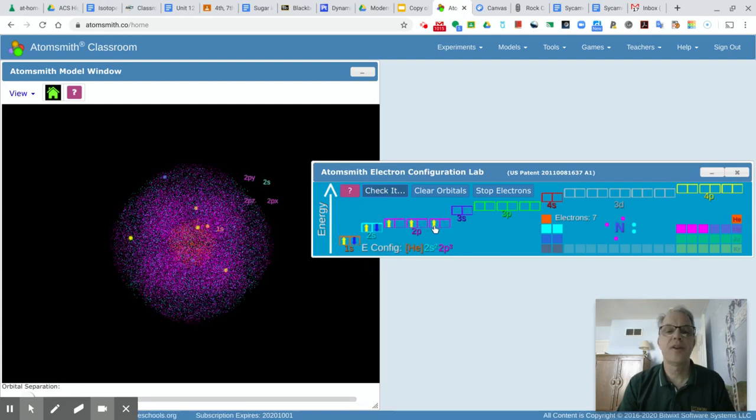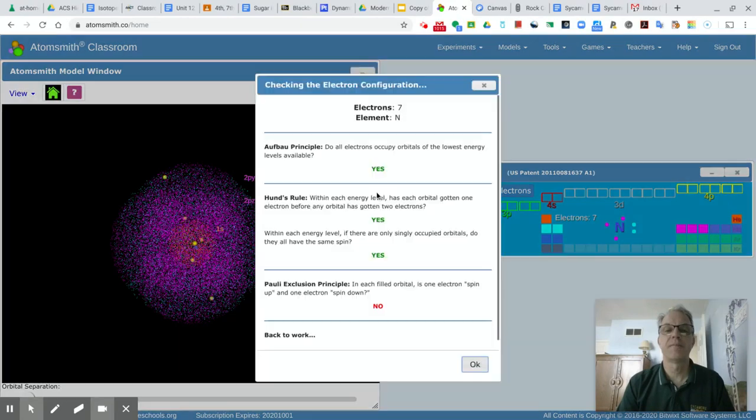And just for fun, I'm going to mess up another rule. So again, we've got 1s2, 2s2, 2p3. Everybody spread out, but I'm going to make a mistake on purpose. I'm going to say in the 2s sublevel, we're going to put them both going the same way. Okay, and again, this violates a principle. Let's check it.